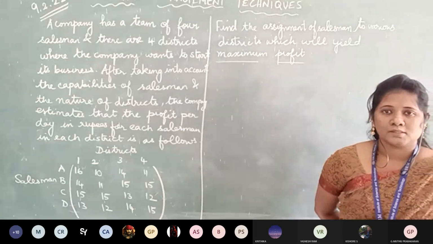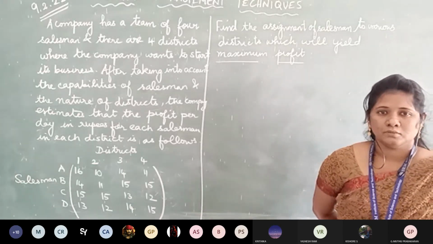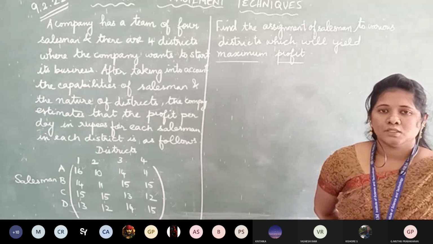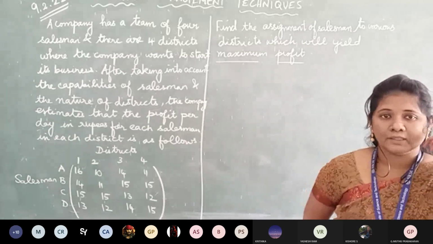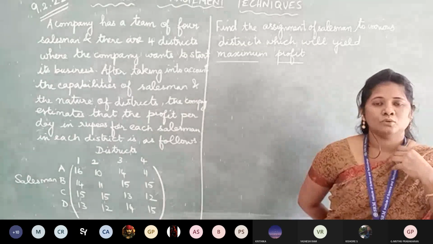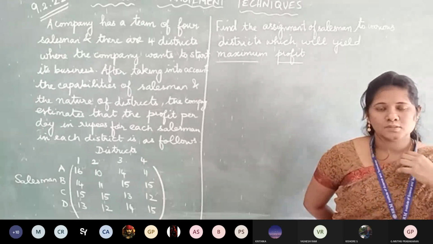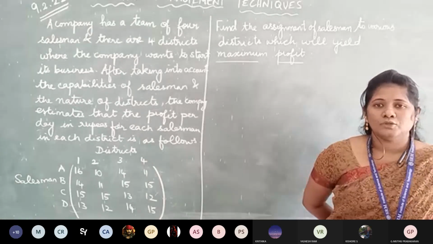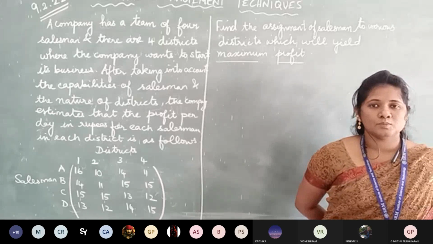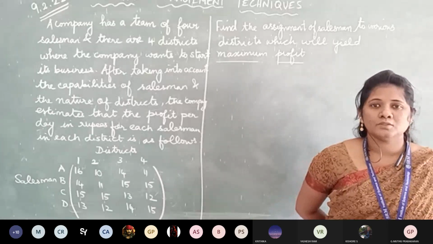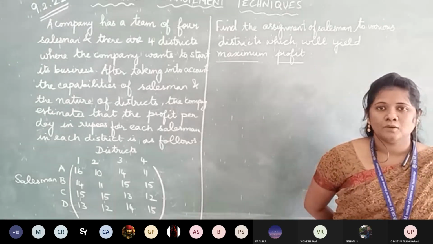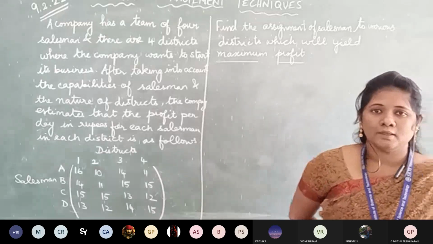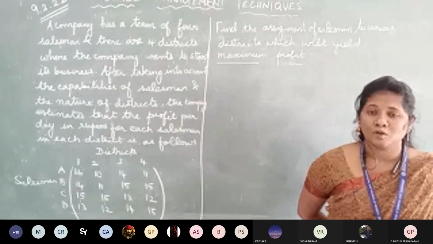And I think your CT1 pattern has come. Your CT1 pattern is 20 MCQ and you'll be writing 2 5-mark questions.